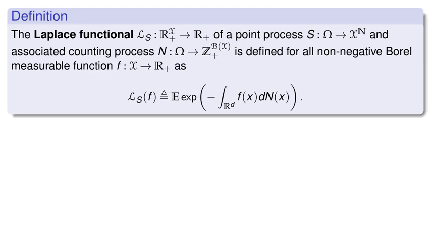For a point process S and its associated counting process N, the Laplace functional is defined for all non-negative Borel measurable functions f mapping from script X to R+ as script L sub S of f, the expectation of e to the power of minus the integral over R^d of f of x dN of x.